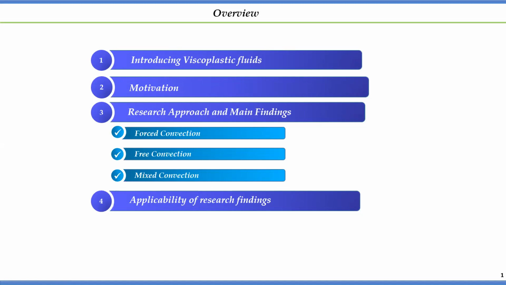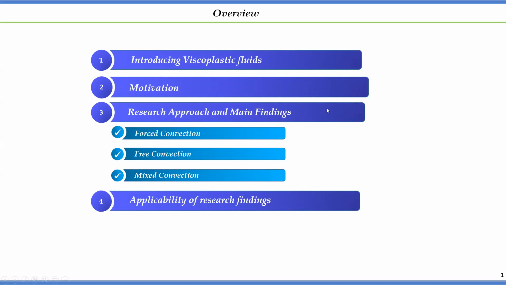Mostly I would like to present my research findings on the different phenomena in heat transfer that usually happen in applications which we have observed in industries as well as in nature. These are forced convection, free convection and mixed convection phenomena. And finally, I would like to briefly describe where these results can fit in real-world applications.